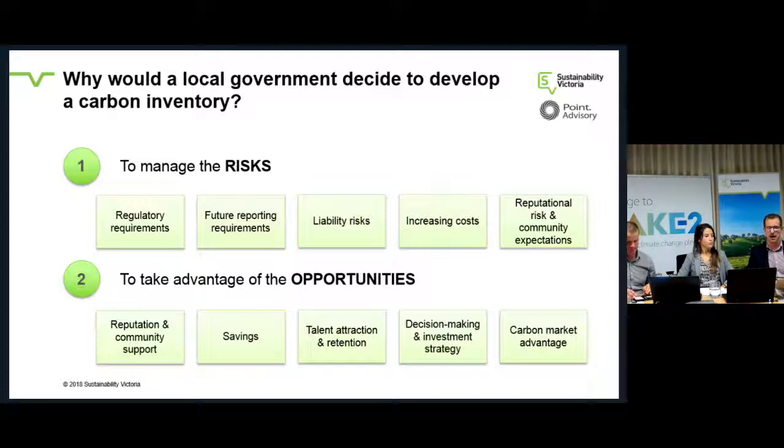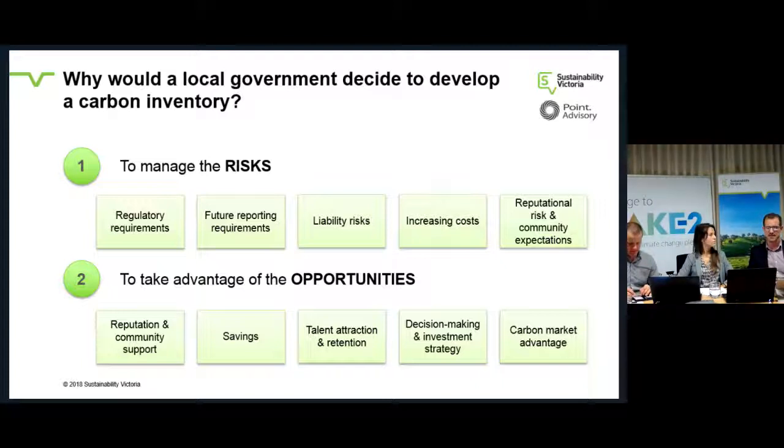So the NGERS scheme, the National Greenhouse and Energy Reporting Scheme, conceivably could be expanded to local governments at some point. Or, some of you may be aware that state government departments are currently required to report their greenhouse gas emissions under what's called FRD 24C, Financial Reporting and Disclosure, I think it is, 24C.